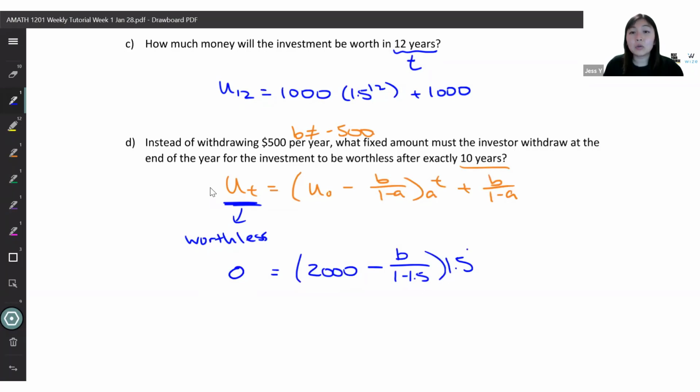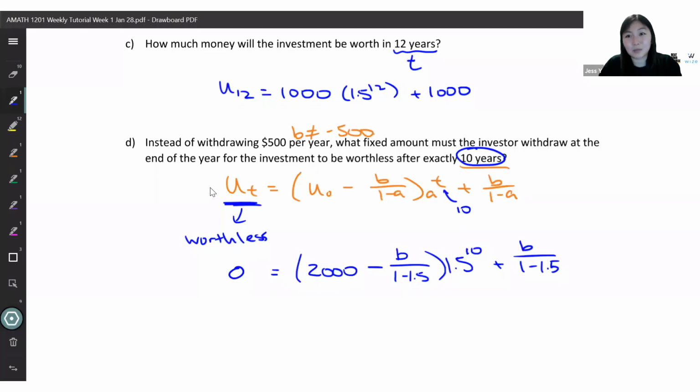The t is no longer a variable because we know that it's going to be worthless in exactly 10 years. So t is going to be 10. Plus, we don't know what b is. We know that a is 1.5. So all of a sudden, we have this equation with just one variable that's missing, and that's b. Okay, and we have to solve for b.